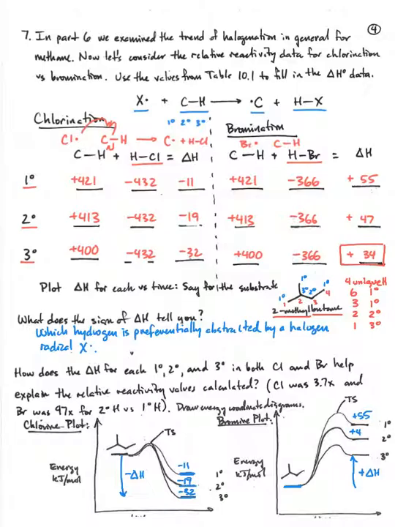Secondary, we have plus 47, tertiary plus 34. So if you imagine that you are walking on this curve, it is much easier to get to a tertiary energy than it is to the secondary or the primary energies. So this is what we call selectivity.